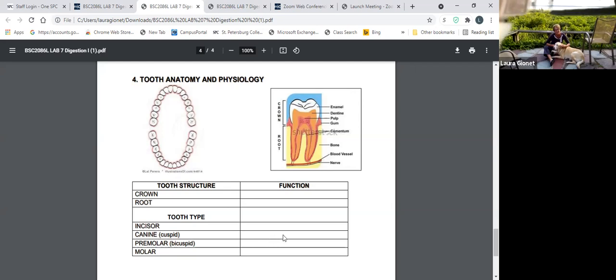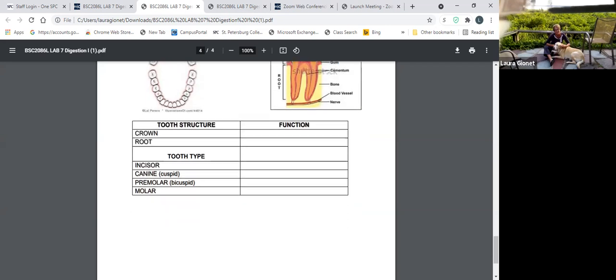They shred. And then the premolars and the molars, we generally have on one upper right-hand side, which would be identical to upper left, and the lower right and the lower left. You have two premolars and then three molars to each quadrant: upper right, upper left, lower right, lower left.